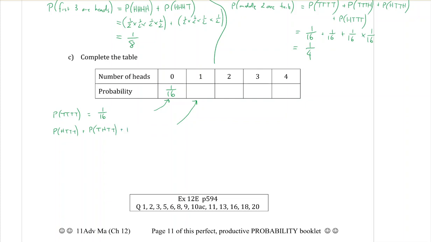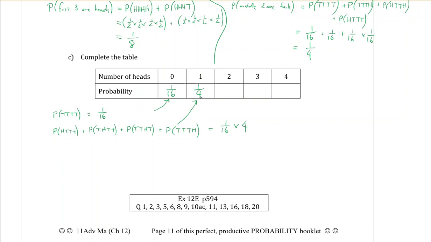Or it could be probability of tail, tail, head, tail. Or the probability of tail, tail, tail, head. Can you see what I've done? I just moved the head down one spot each time, and we've identified that there are 4 branches that give me what I want. Each one of them has a 1 over 16, and I'm just going to times that by 4 because there's 4 branches that give me that. Okay, that makes a quarter for that next one.